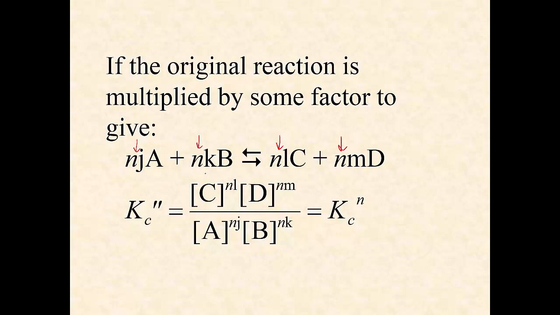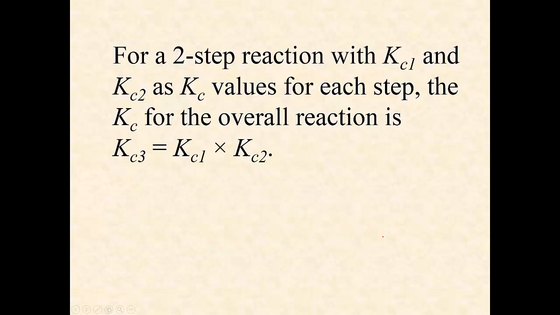You could take all these new numbers, plug them into your K expression and your calculator, or you can recognize what you did. What's consistent? It's that coefficient raised to the coefficient. So whatever you multiplied this reaction by becomes an exponent. Again, this is all of your original K.